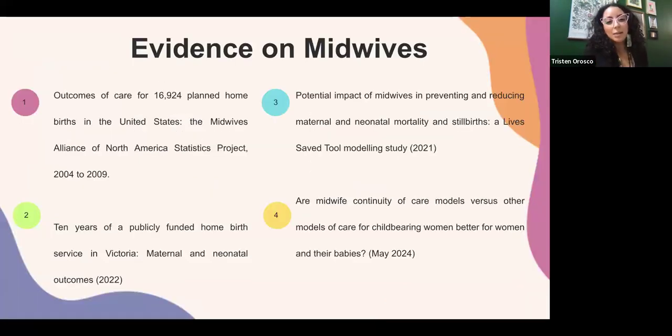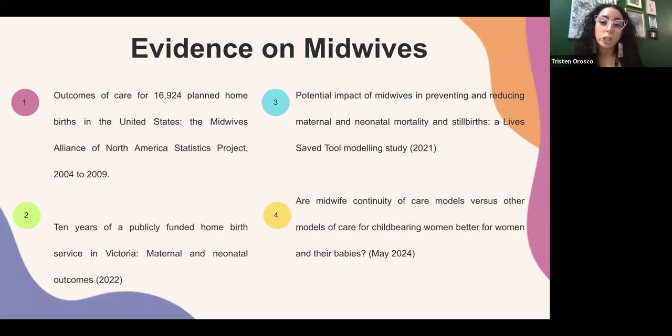So evidence on midwives, I pulled a few different studies to just quickly highlight the benefits of having a midwife, and it shows within the evidence. So the first study is the outcomes of care for 16,924 planned home births within the United States through the MANA Statistics Project.